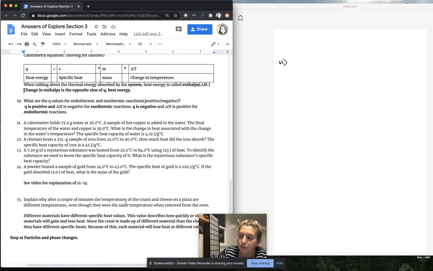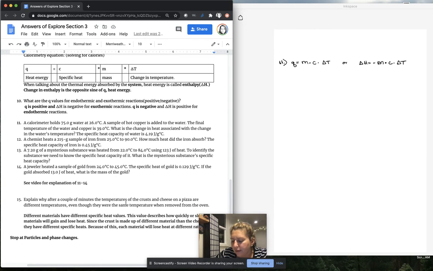All right, so for all these problems, we're going to need either the equation Q equals M times C times delta T, or delta H is equal to negative mass times C times delta T. Okay, so those are going to be your two equations that you use there.